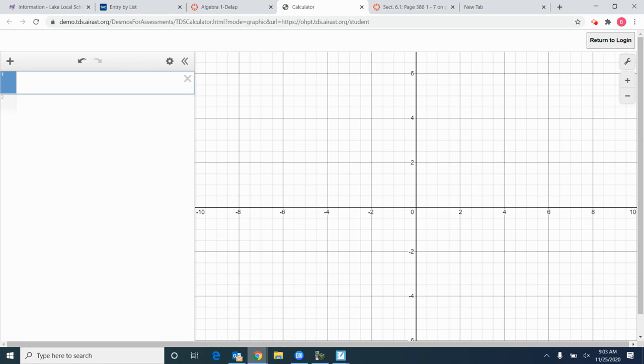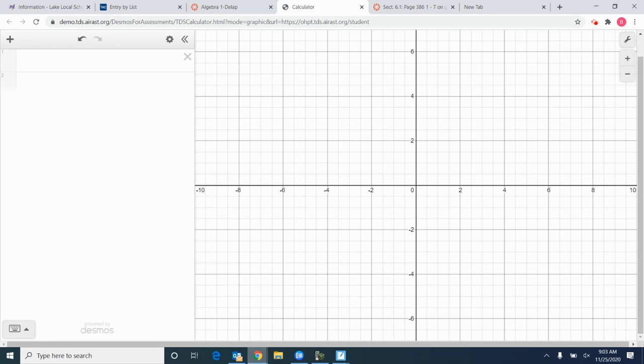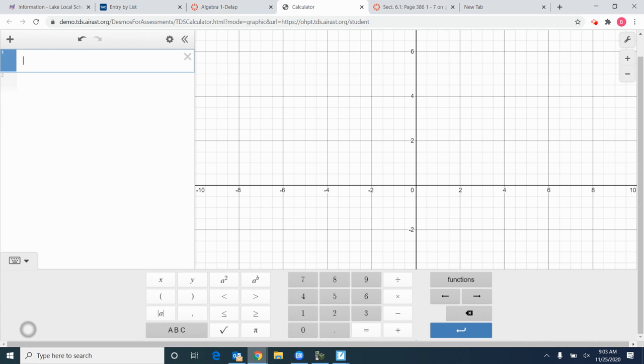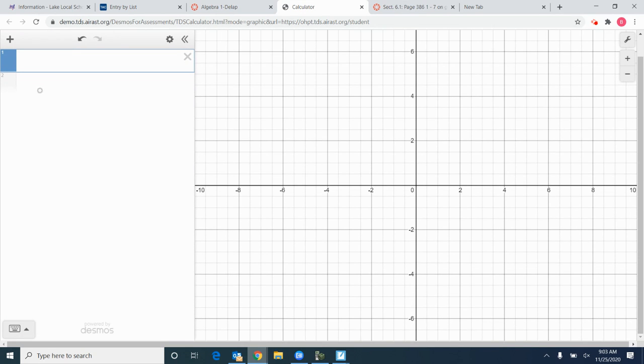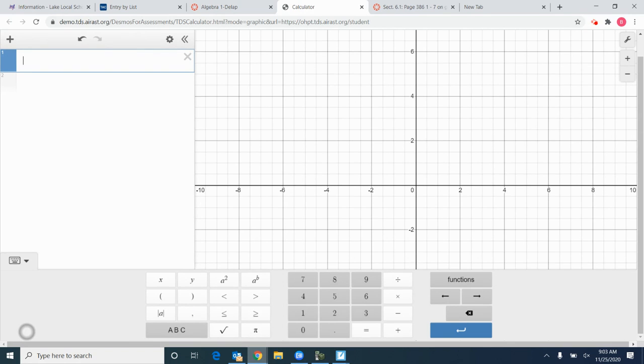One thing, on the side you see this little keyboard? This is not imperative, but it's a little bit handy. We're going to input equations and see. So this will graph equations for you.